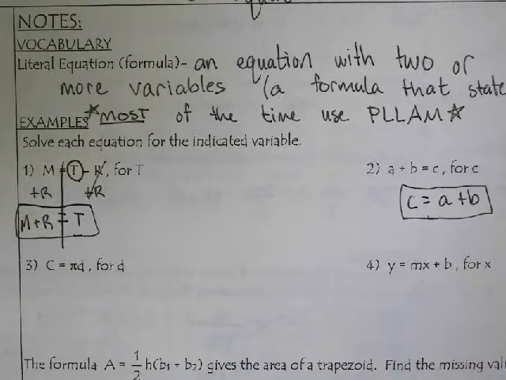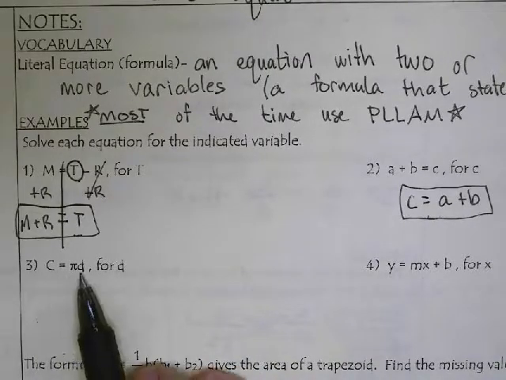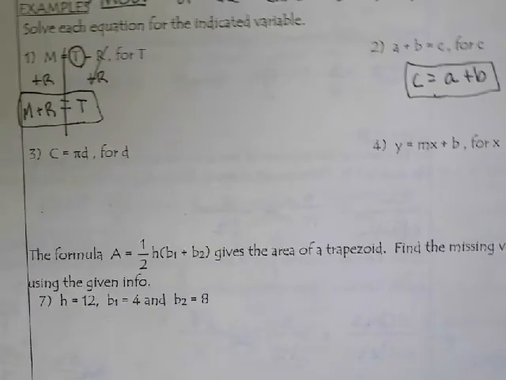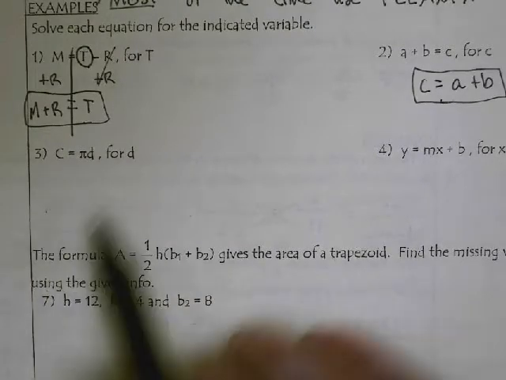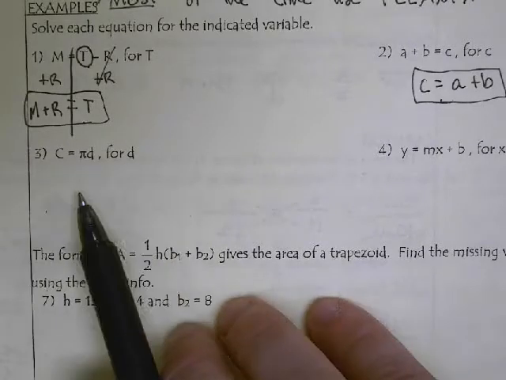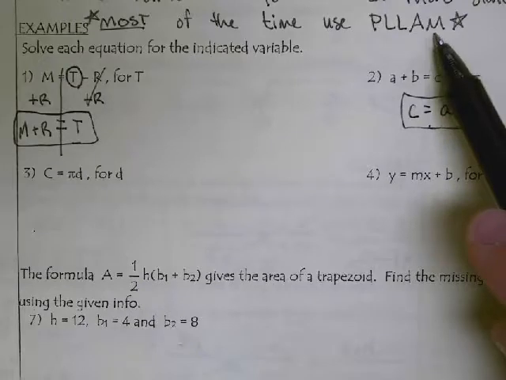Now for number 3, I want to solve c equals pi times d for the letter d. We could go through our order of operations steps. There's no parentheses to deal with. There's no like terms I can combine. There's no additive inverse. So I'm already down to my multiplicative inverse.